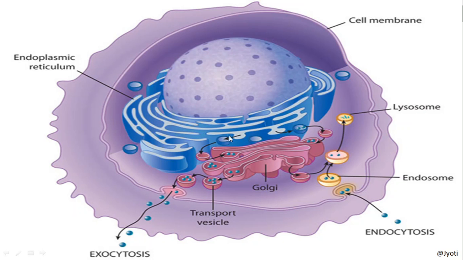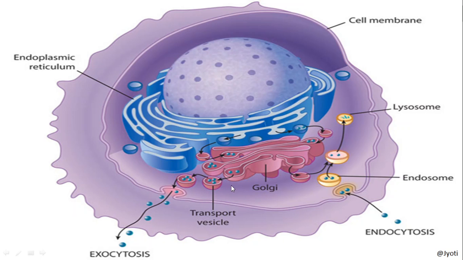You can see the proteins are transported to the vesicles of the Golgi complex. These are the secretory vesicles of the Golgi complex. Then they combine together to form the cisternae, and this cisternae processes the protein. Then these proteins are packaged in the transport vesicles or the vacuoles.